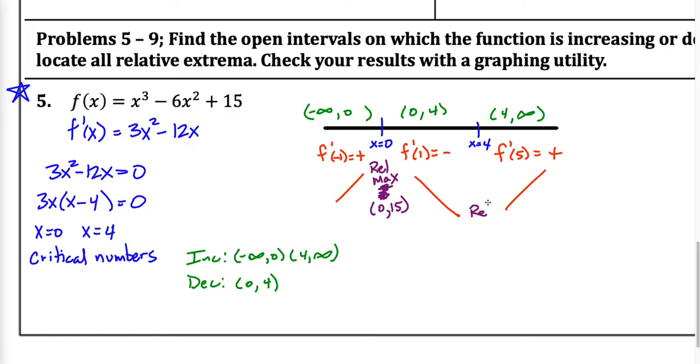Ethan, any thoughts on this one down here, if this is something? Okay, so we think it might be a relative min, and we find out by putting, oh, that's going to work out badly. Okay. What number are we going to put in the original function? 4. Good. And I'm only saying these because these are usually the questions I'll get over the years, like forgetting which number to put where. So 4 into the original function, so 64.